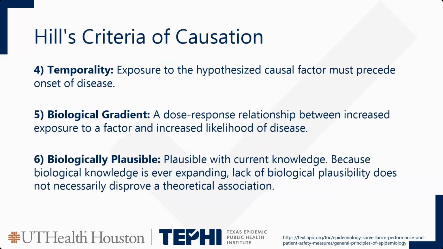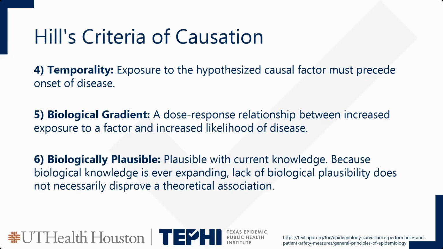Temporality. Exposure to the hypothesized causal factor must occur before the onset of disease. Biological gradient refers to a dose-response relationship between increased exposure to a factor and increased likelihood of disease. So that means greater exposure should generally lead to greater effect.